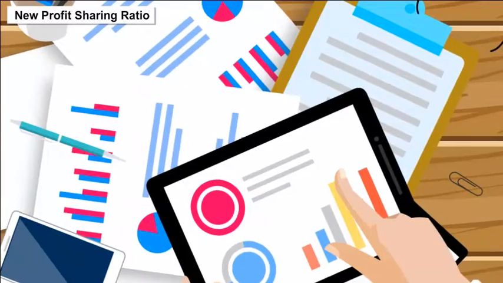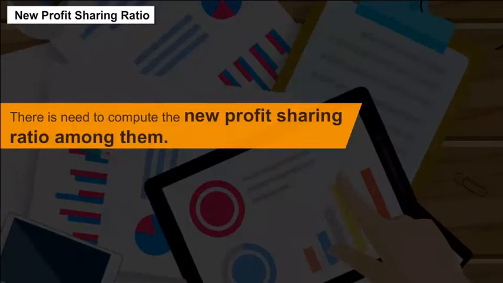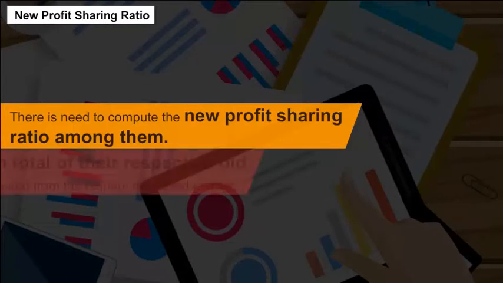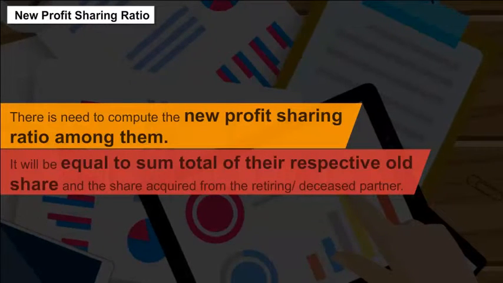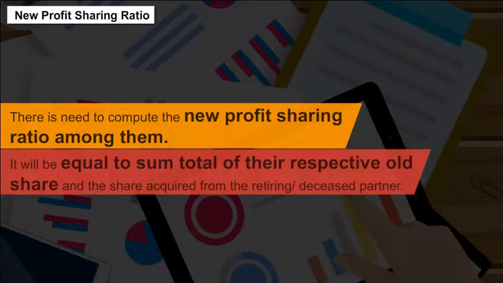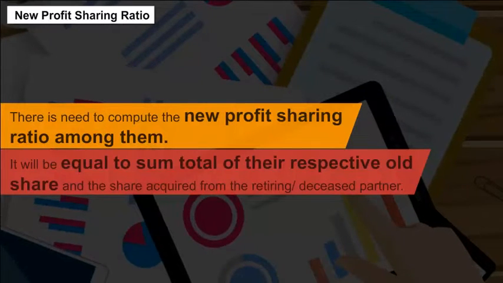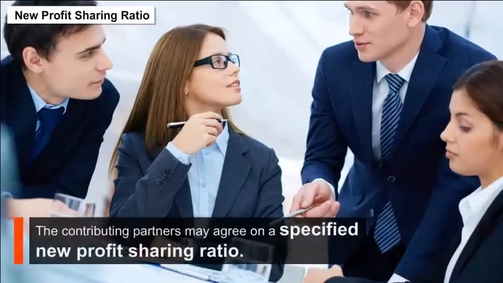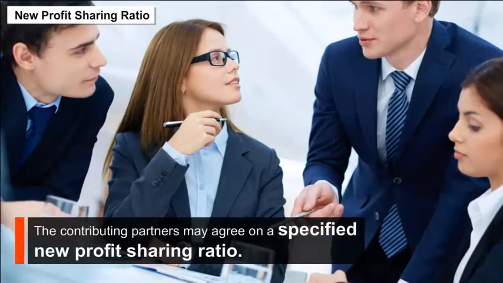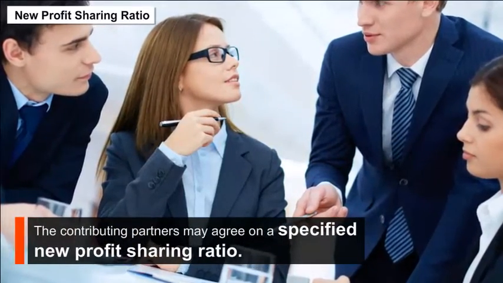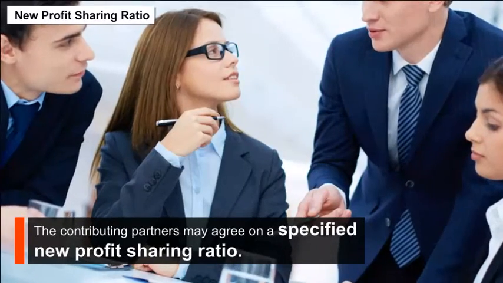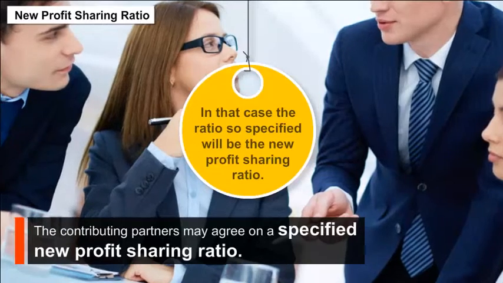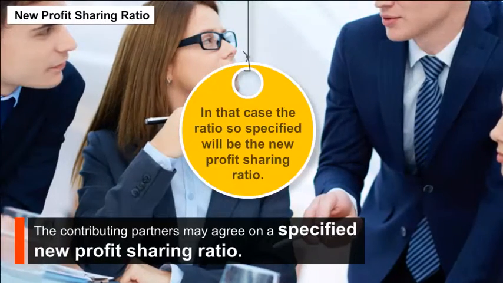In such cases, there is a need to compute the new profit sharing ratio among them, and it will be equal to the sum total of their respective old share and the share acquired from the retiring or deceased partner. The continuing partners may also agree on a specified new profit sharing ratio. In that case, the ratio so specified will be the new profit sharing ratio.